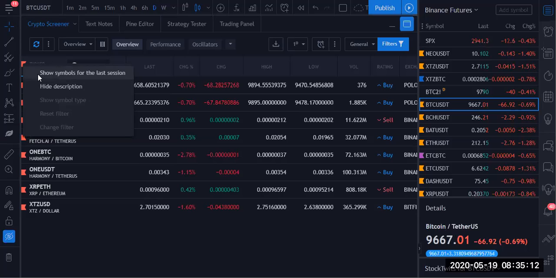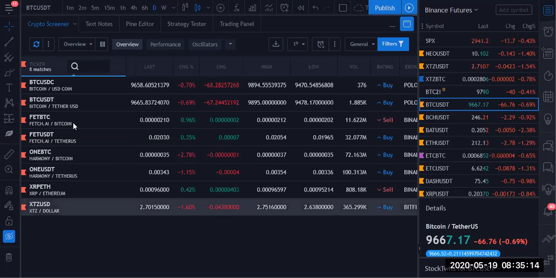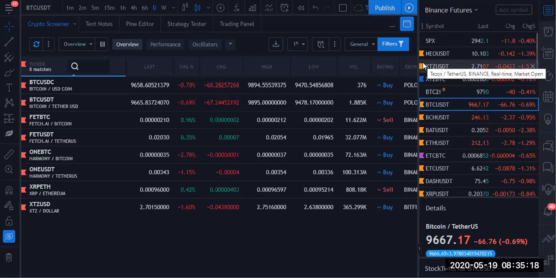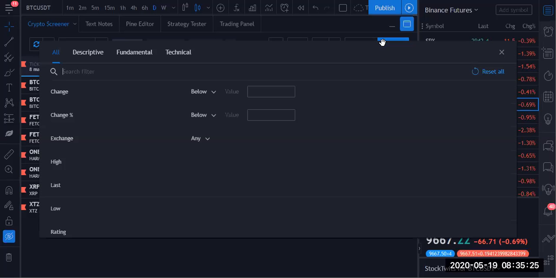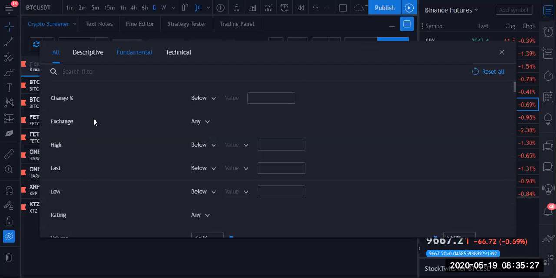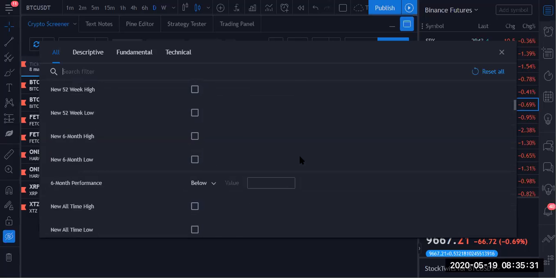This is supposed to be set to orange, so this is Binance Futures. But you can also manually type in certain things because the filters are here. Where is the ticker color? And you can change around here.